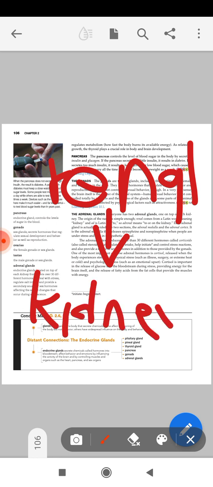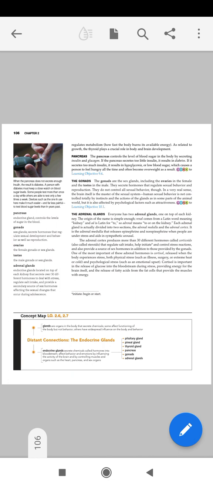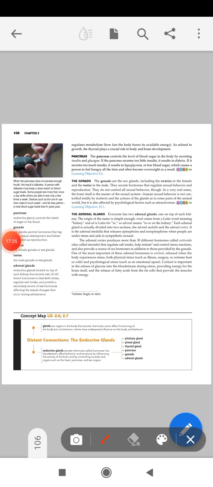Already we have talked about the adrenal gland, which is involved in the autonomic nervous system, that is, it releases adrenaline and noradrenaline hormones, which work during emergency and during peace time also.